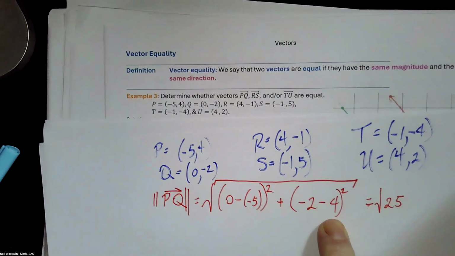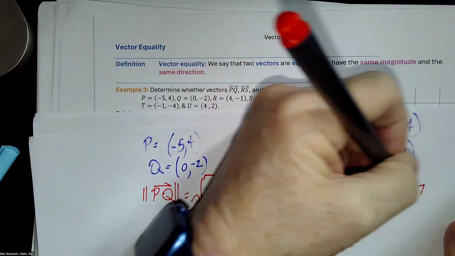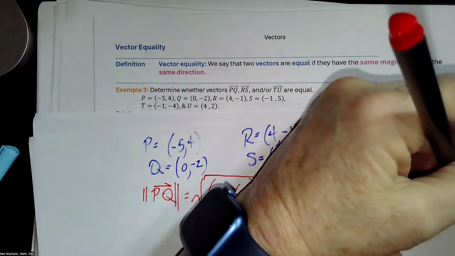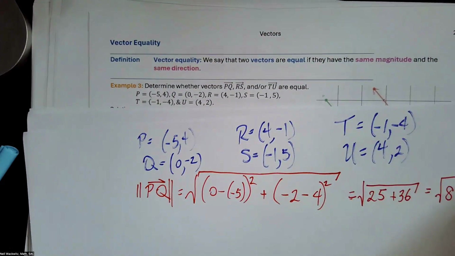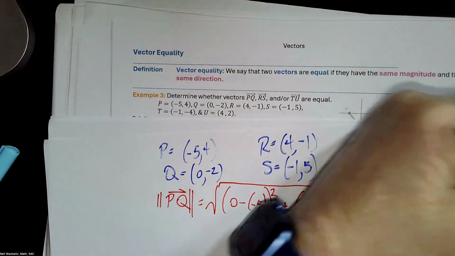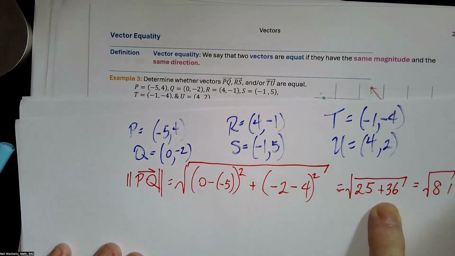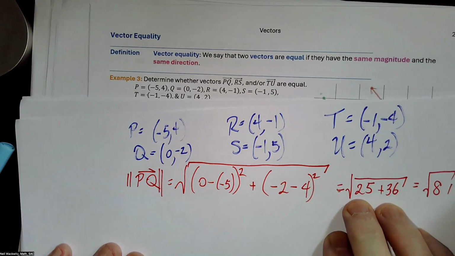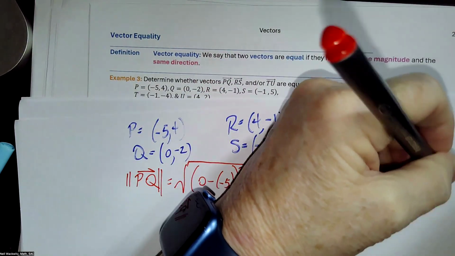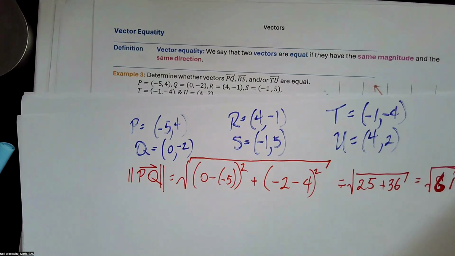Negative 2 minus 4 is negative 6. Squared is positive 36. And we get 61. So the magnitude of PQ is just square root of 61.